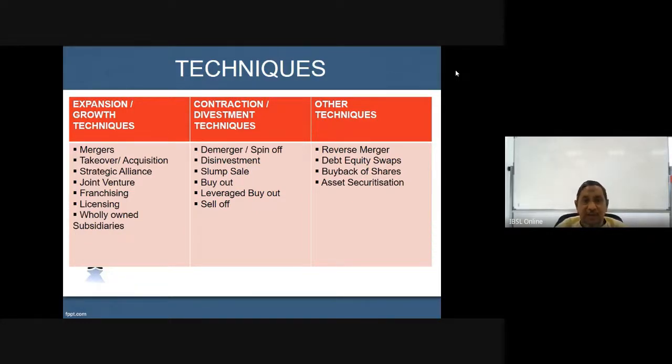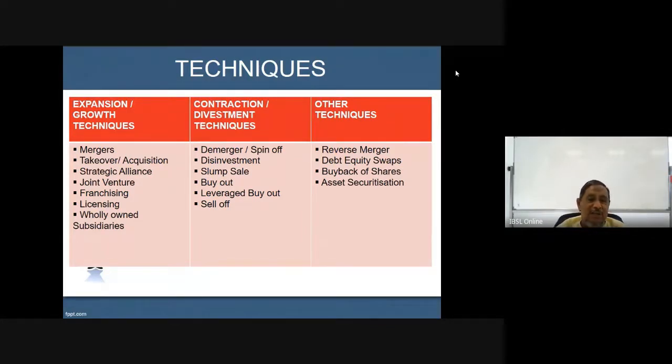Then contraction or divestment techniques: demerger, spin-off, right? That is also contraction. These are reducing techniques, whereas the expansion techniques, the growth ones, I discussed earlier. Reducing techniques include disinvestment, slump sales, bulk sales, buyouts.